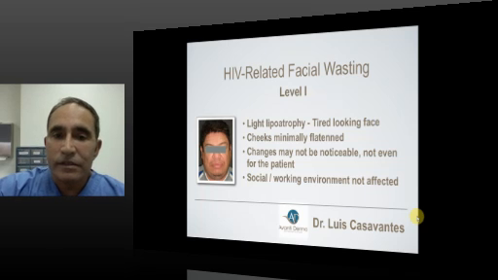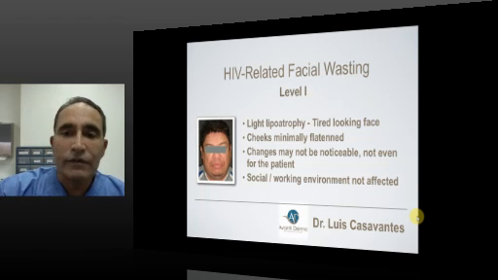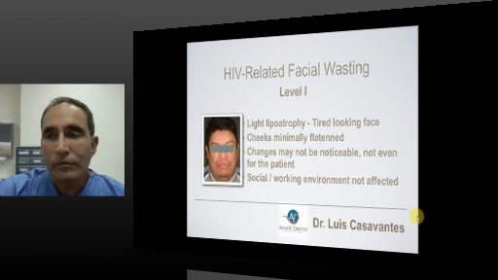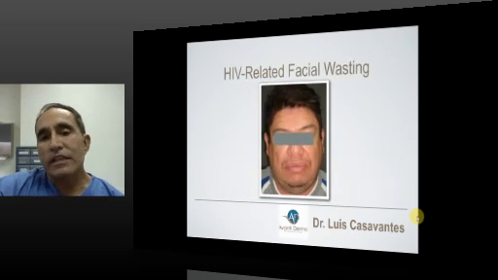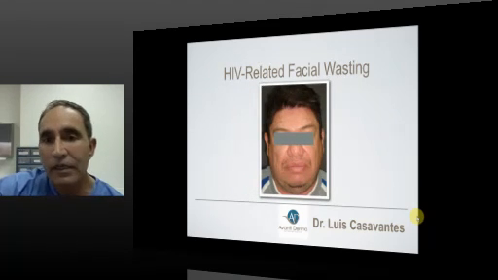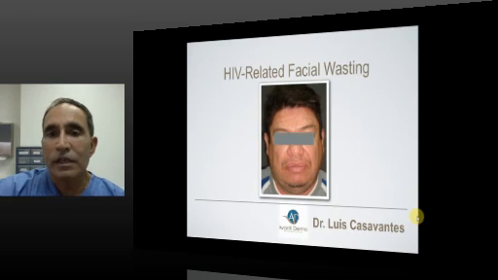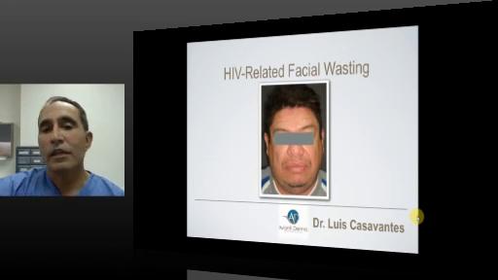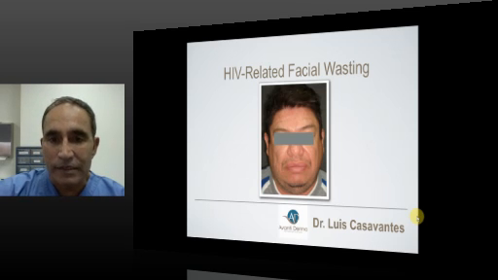For instance, the social and working environment is not affected. As you can see here, this is a fairly normal-looking patient with no signs of anything except that, for the trained eye, we can see little signs of lipoatrophy in some areas of the face, but no major deal.